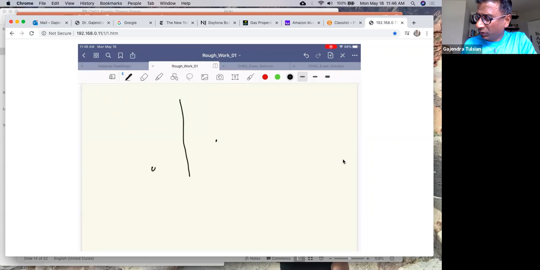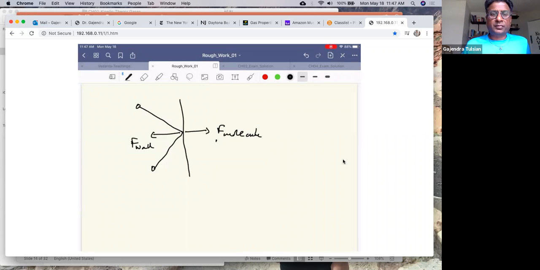When a gas molecule bounces off, the wall exerts a force on the molecule in this direction, and the molecule exerts an equal and opposite force on the wall in that direction.